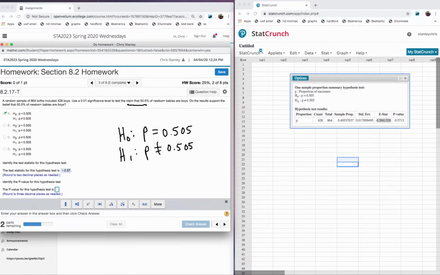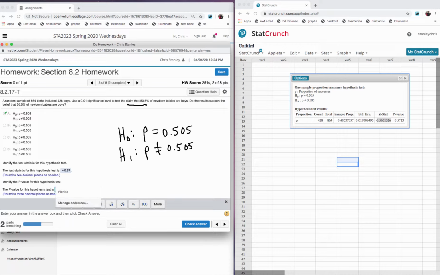Okay, the p-value, 0.5713. And I'll do 0.571 because this is 3 decimals.